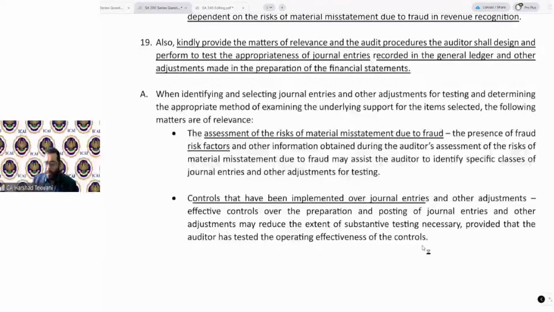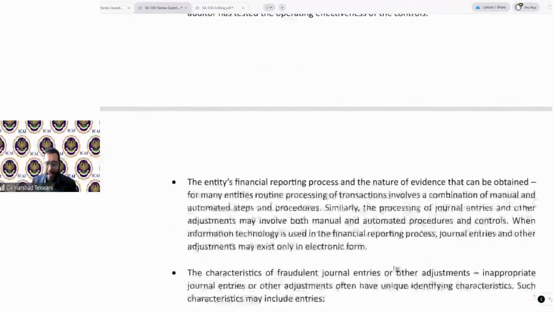What controls are there, and how appropriately are they working? Accordingly I will decide my substantive testing. If my controls are operating effectively, then I will decide my substantive testing accordingly. Then the entity's financial reporting process and the nature of evidence that I can get from that particular process.